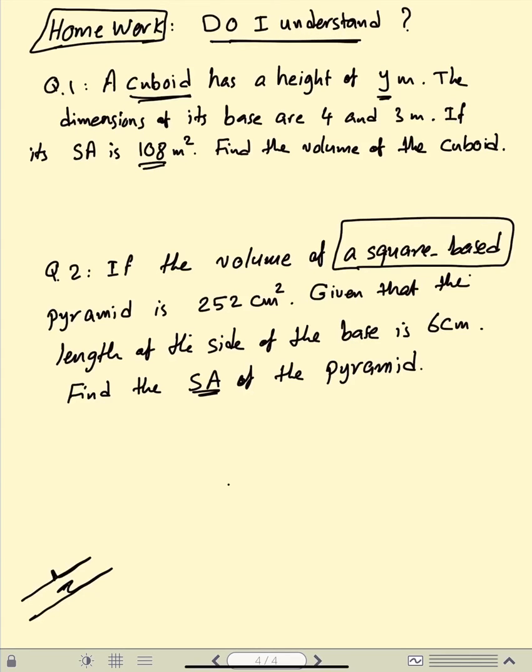Question 2: if the volume of a square-based pyramid is 252 centimeters cubed, given that the length of the side of the base is 6 centimeters, find the surface area of the pyramid.